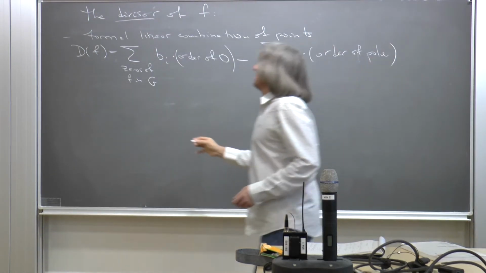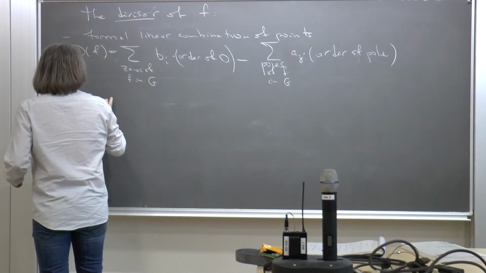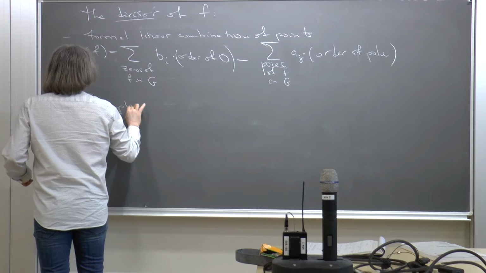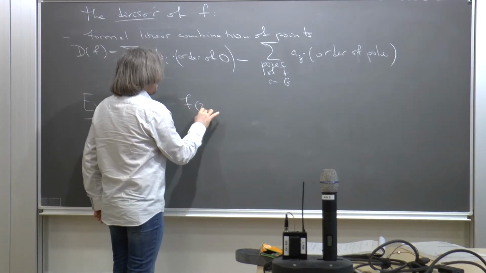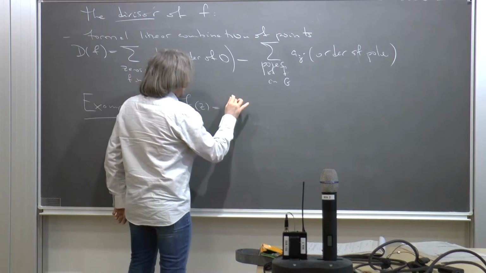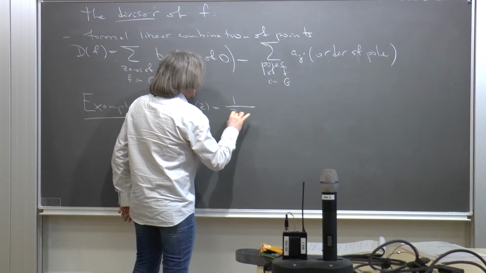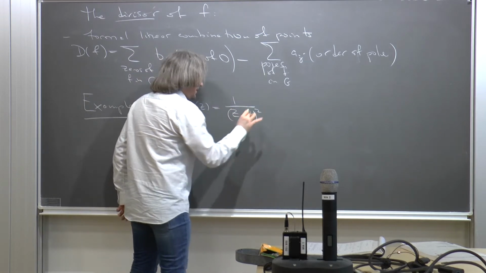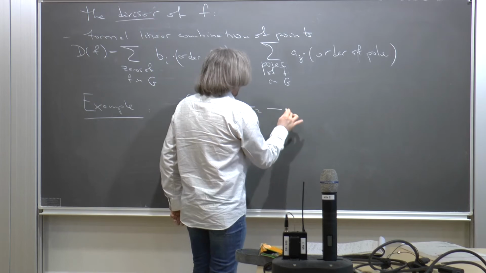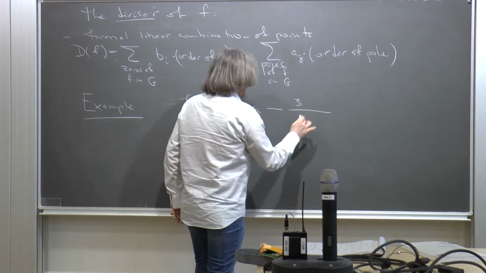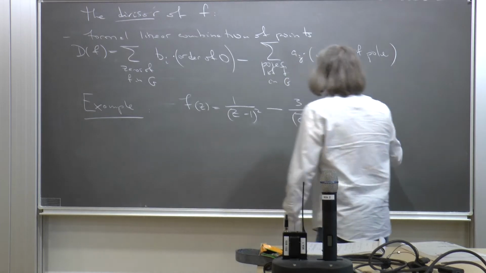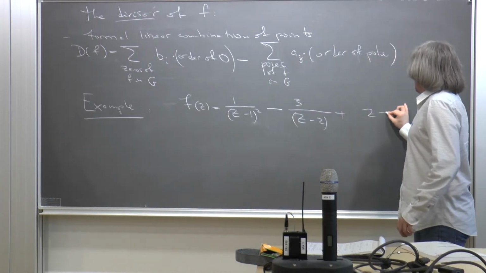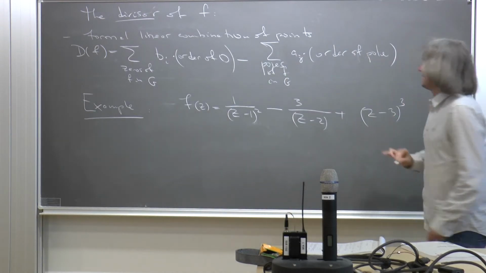Let me give an example. Suppose my function f is something like 1 over (z minus 1) squared, minus 3 over (z minus 2), plus (z minus 3) cubed.